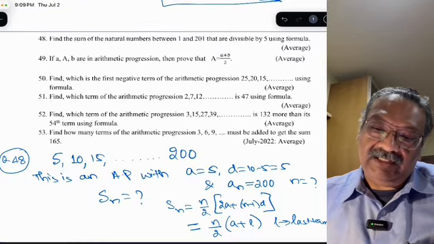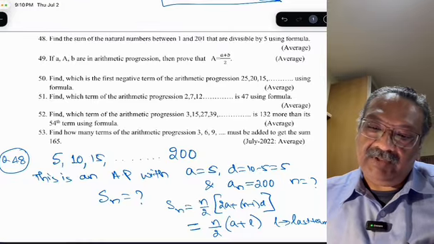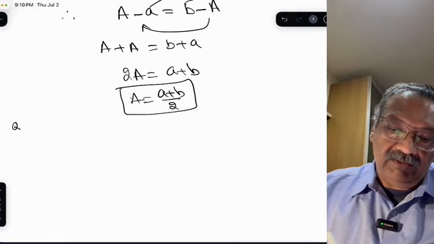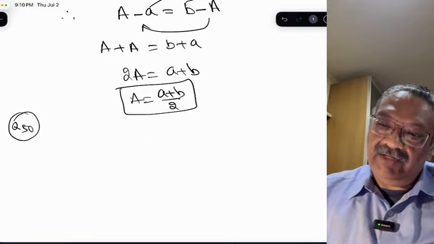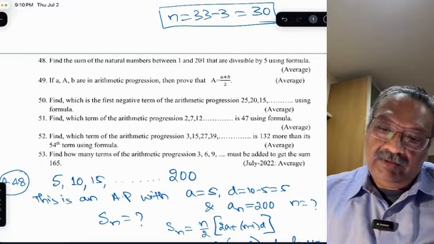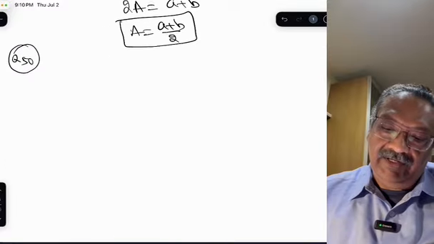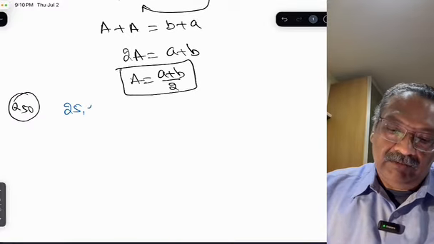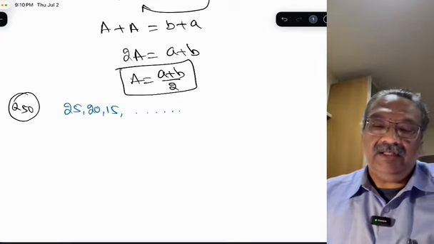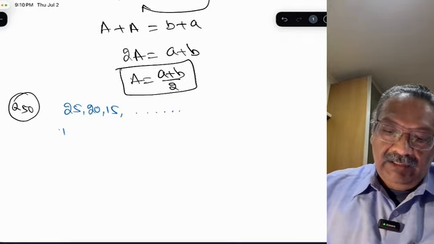Let's come to question number 50. Find which is the first negative term of the AP using formula. The AP they have given, question number 50. What is the AP? 25, 20, 15. We want to know which is the negative term here.